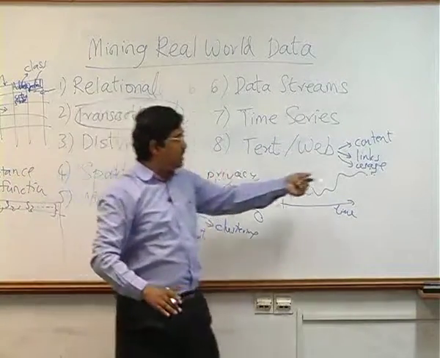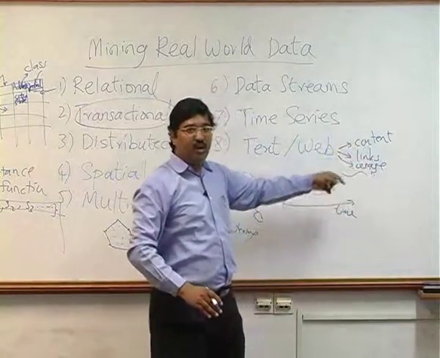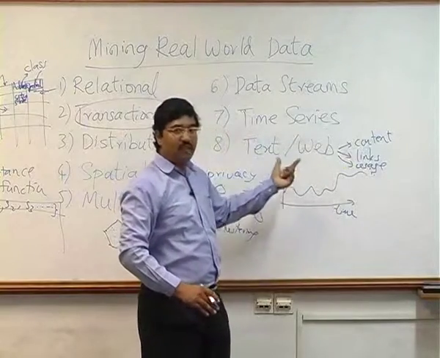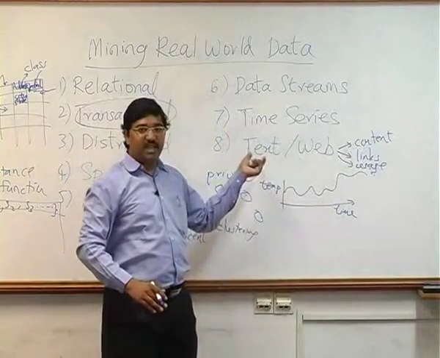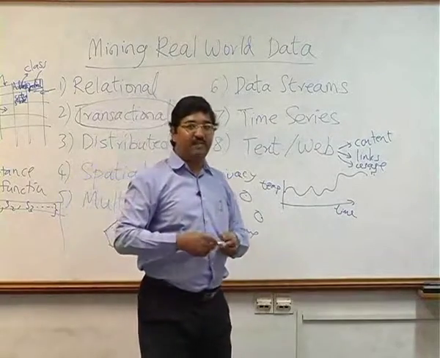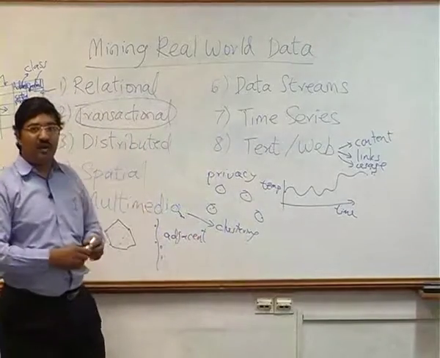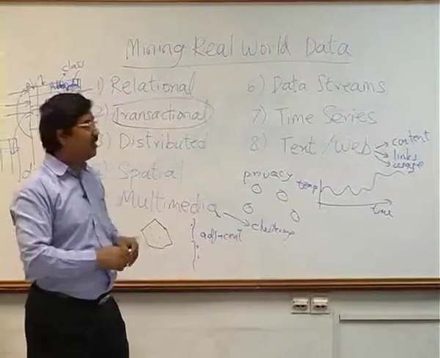So basically, the usage of these websites. There are different kinds of data available, so how do you mine these different kinds of data on the web or in text digital libraries in order to get interesting patterns that are very valuable to the users? So you have different kinds of applications on real world data.